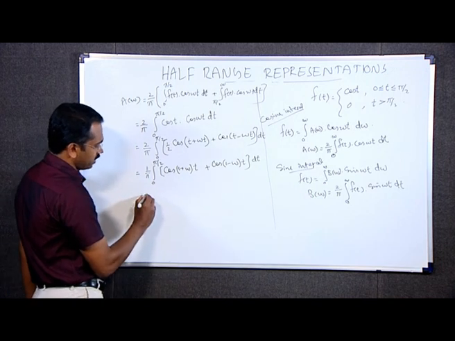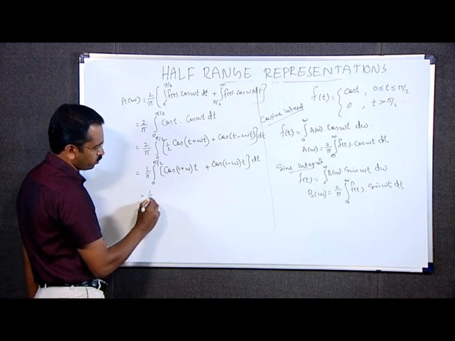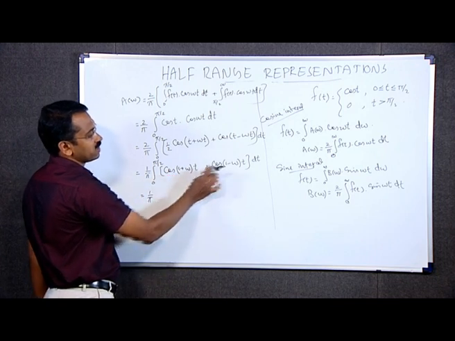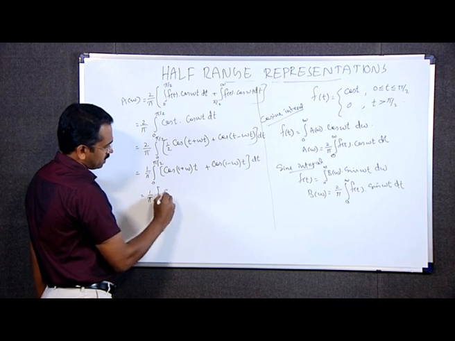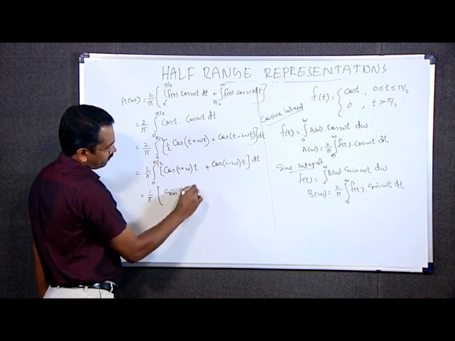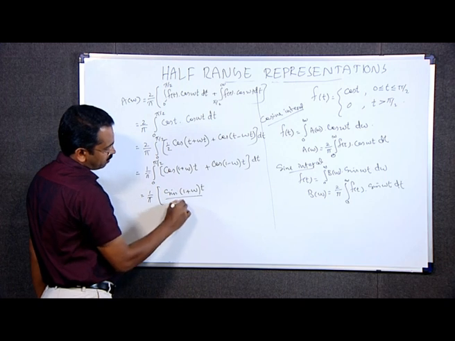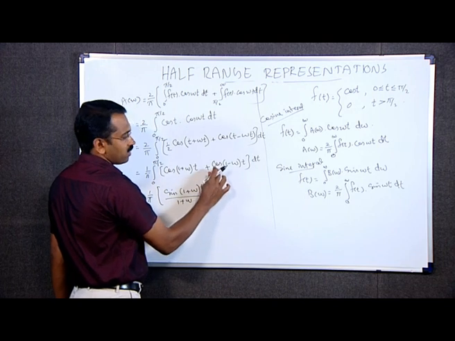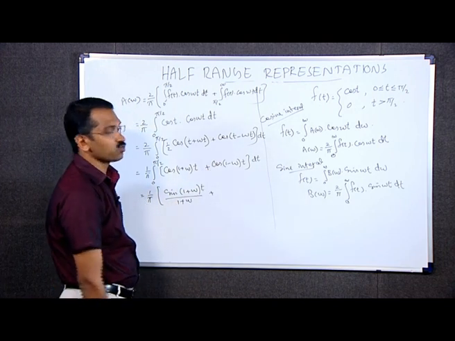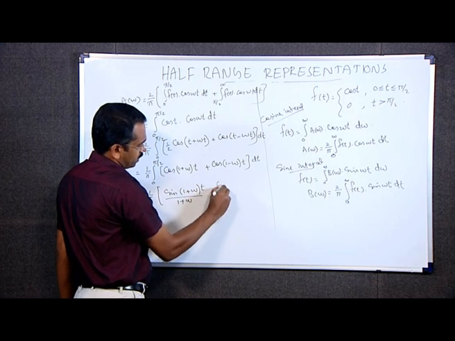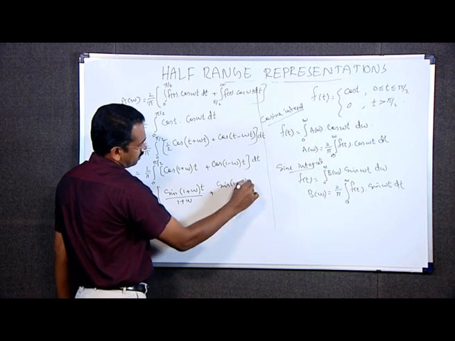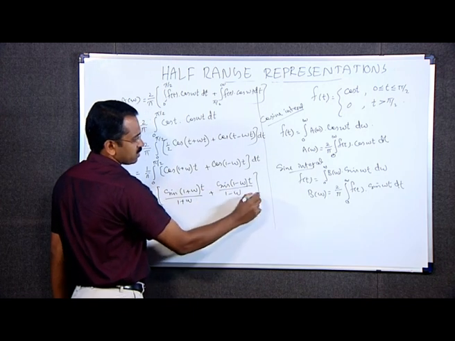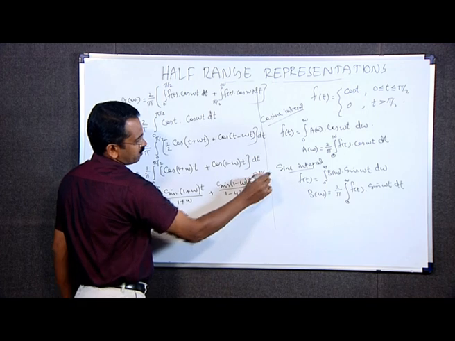On integration we get this is equal to 1 by pi into integral cos 1 plus omega t dt is sine 1 plus omega t divided by 1 plus omega, plus integral of cos 1 minus omega into t is sine 1 minus omega into t divided by 1 minus omega, between the limits 0 and pi by 2.